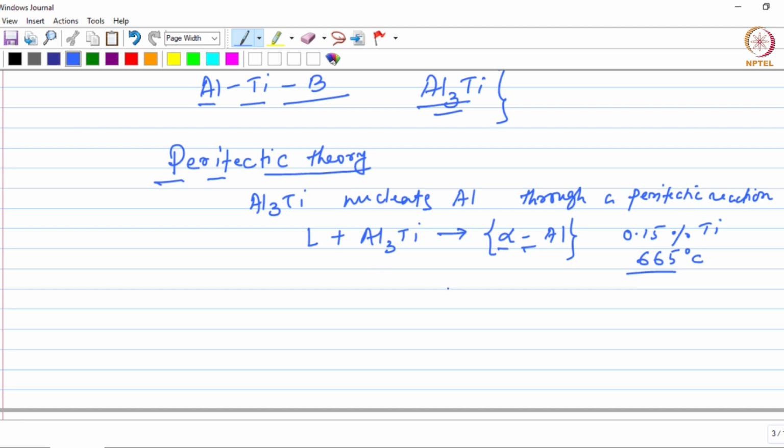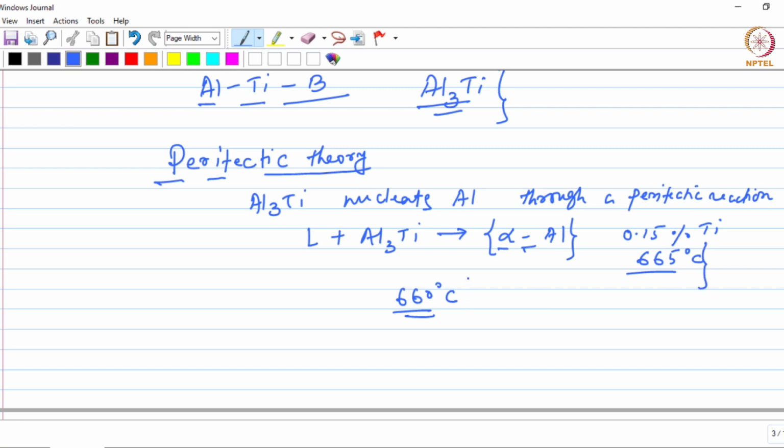Because if you talk about pure aluminium, solidification starts at around 660 degrees Celsius, right? But this peritectic reaction occurs at 665 degrees Celsius.